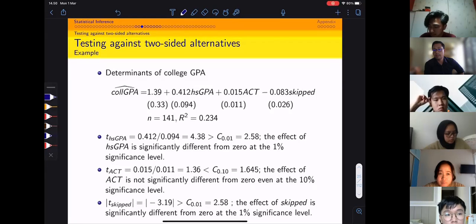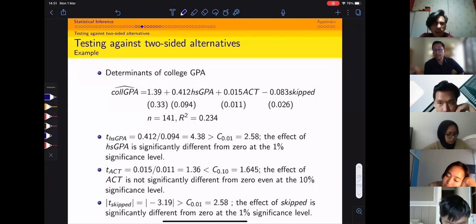In your particular case, maybe it's the Gajah Mada Scholastic Test or the GMST. So that's the ACT version in Gajah Mada. Basically it's going to provide us with information on your academic capability. And the third variable is skipped. So skip is the number of classes that you skip.